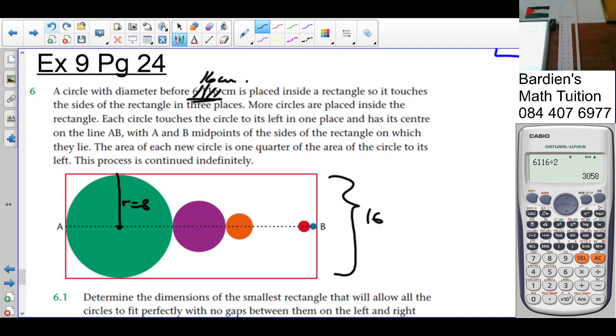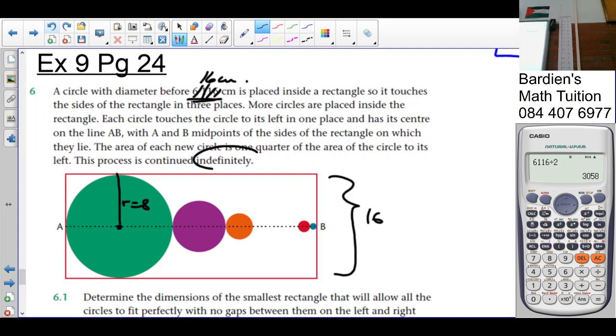Right. Each circle touches the circle to its left in one place and has its center on the line AB, with A and B the midpoints of the sides of the rectangle on which they lie. The area of each new circle is 1/4 of the area of the circle to its left. This process is continued indefinitely.